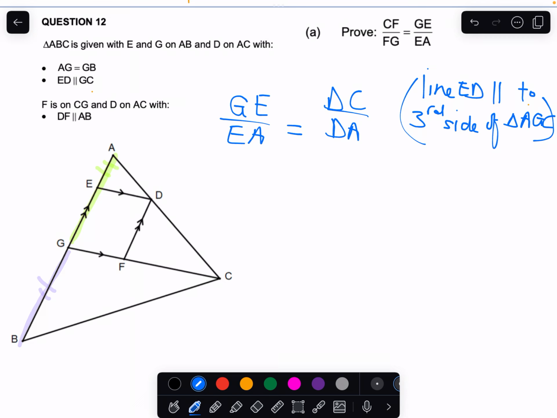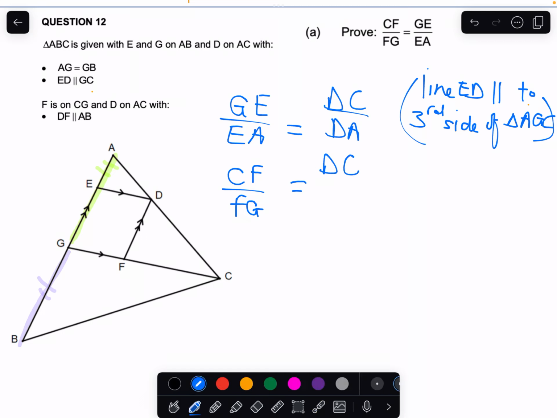But then I also know that this line is going to split this side and this side in the same ratio. So CF over FG is also equal to DC over DA, keeping my order from before so that it's clear.